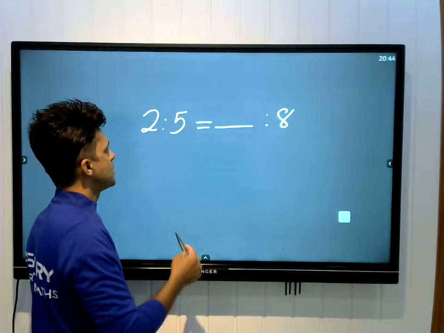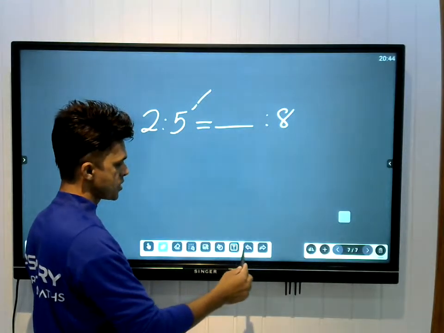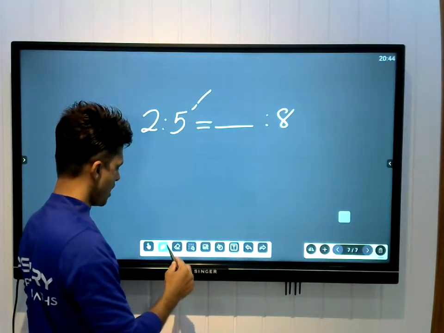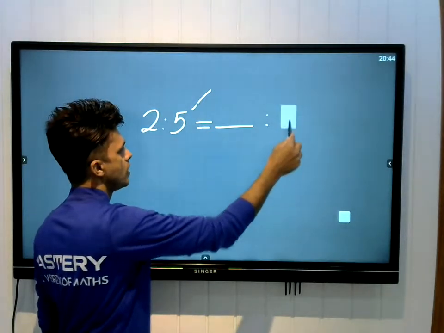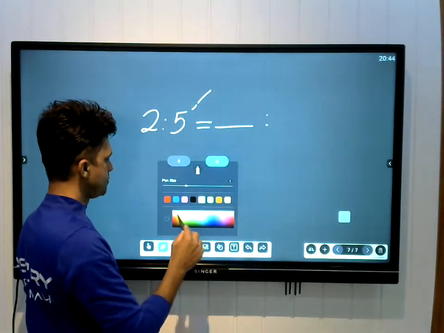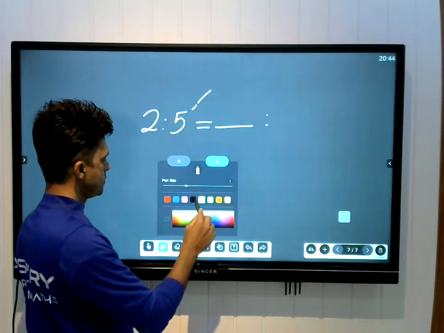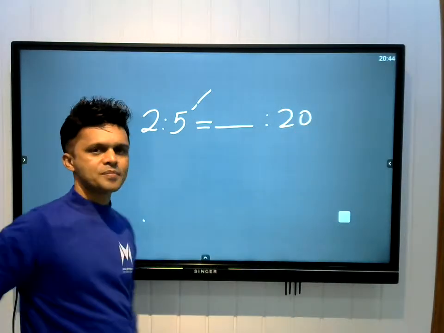You need to multiply. So, extremely sorry, this is not the value that we need to write here. This value should be equal to this one, this is 20.